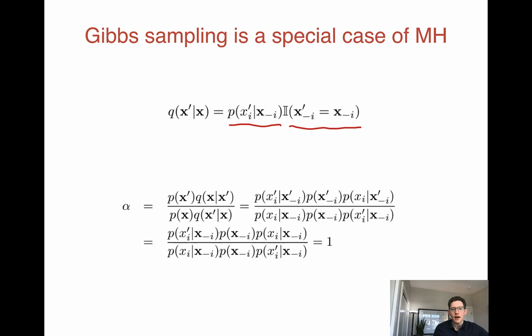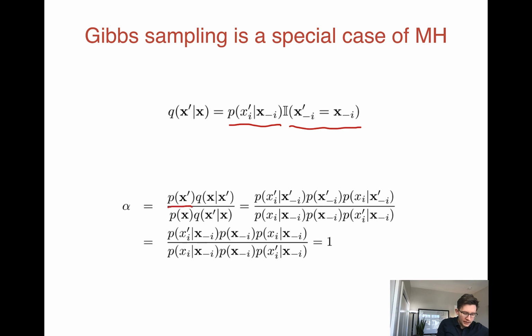So now let's derive our acceptance probability. It's this thing here that we showed on the previous slide. So let's plug in here. We're going to take the chain rule for this expression here. So we have probability of x prime.